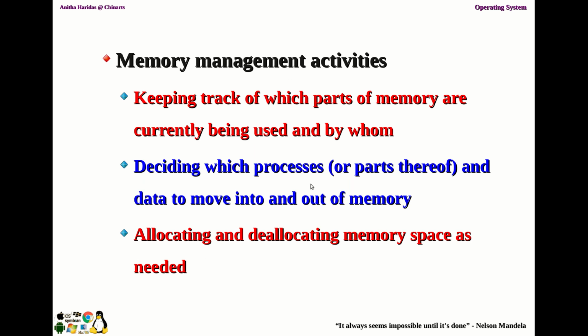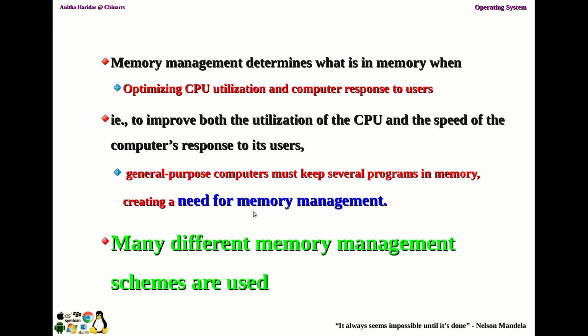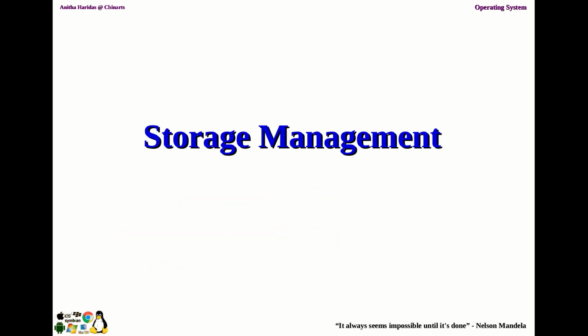So these are the different activities of the memory manager, and these activities are done based on the memory management scheme or the memory management algorithm that we design in our operating system. Okay, and the next one is storage management. Let us discuss storage management in our next session. Thank you.